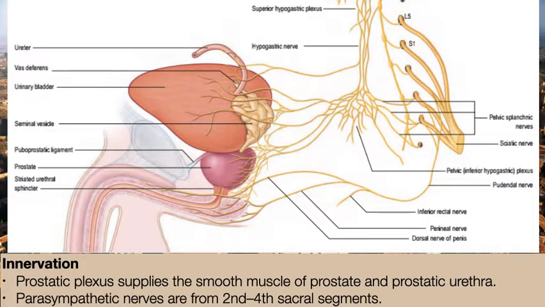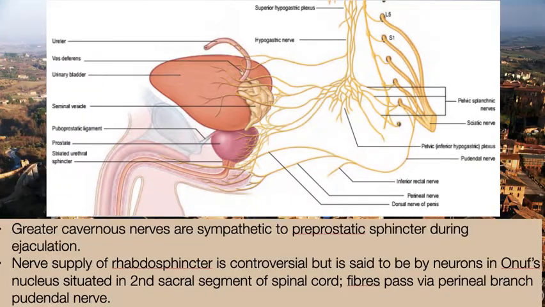Now, the prostatic plexus, the nerve supply, supplies the smooth muscle cells of the prostate gland and the prostatic urethra. The parasympathetic nerves are from S2, 3, 4 sacral segments.